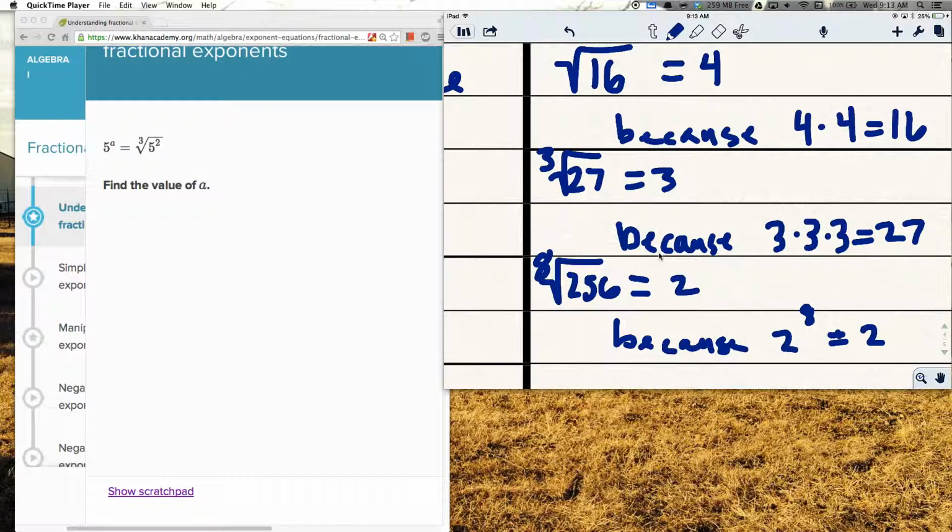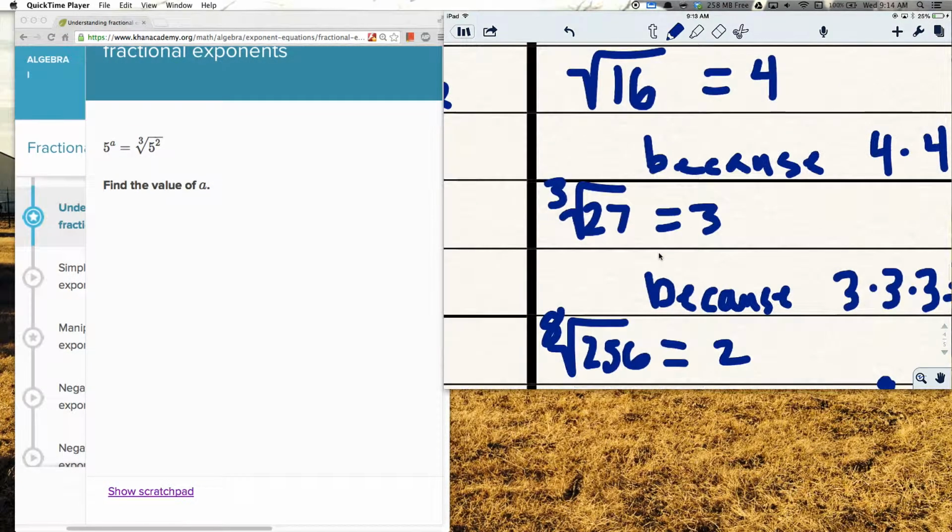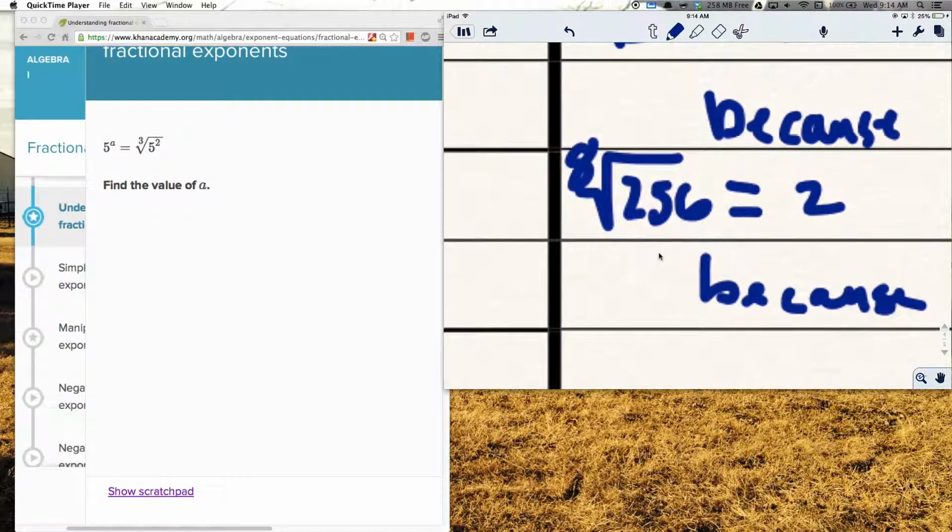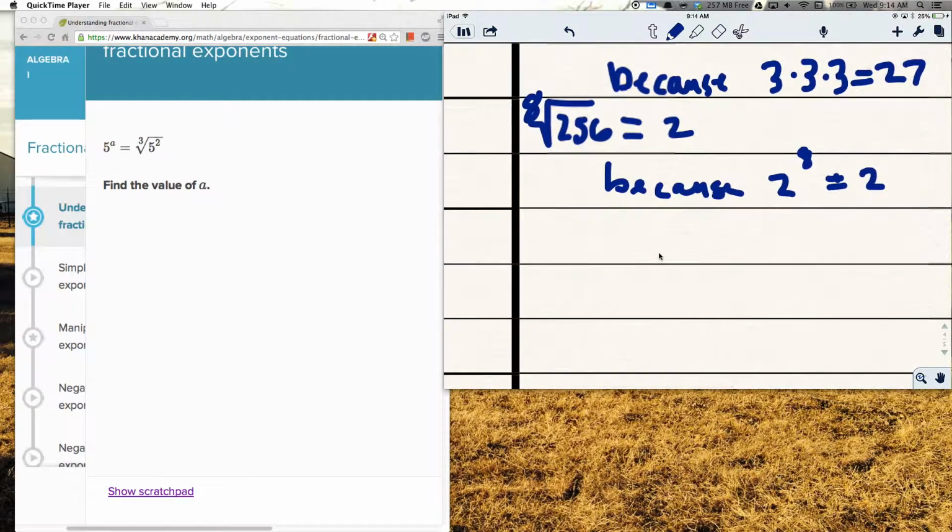And so one way of thinking about this is that whenever you take a root of something, whether it's the square root, which usually doesn't have a number written next to it, or the cube root, or the 8th root, or the 75th root, you're finding the number that when you raise it to that power, you get the thing back.